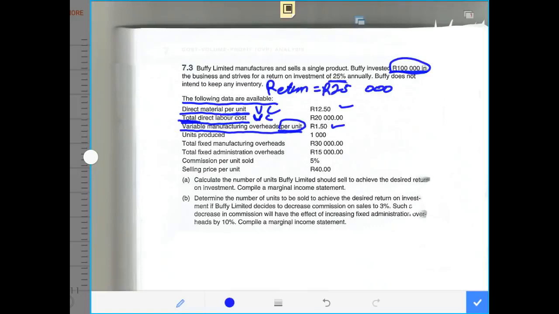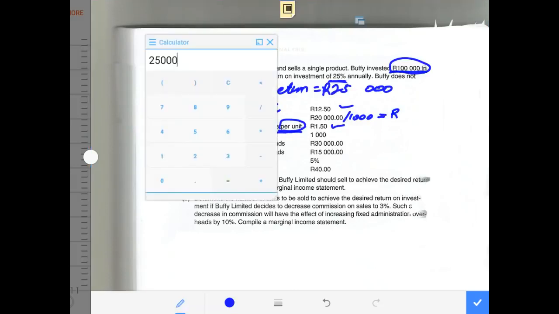Take note. However, when it comes to the total direct labor cost, it was in total. Therefore, we have to convert it into per unit cost of labor. Then we are given the units that were produced, 1,000. So in this case, we take the 20,000 total direct labor cost and divide this by the number of units that were produced in order to get the direct labor cost per unit.